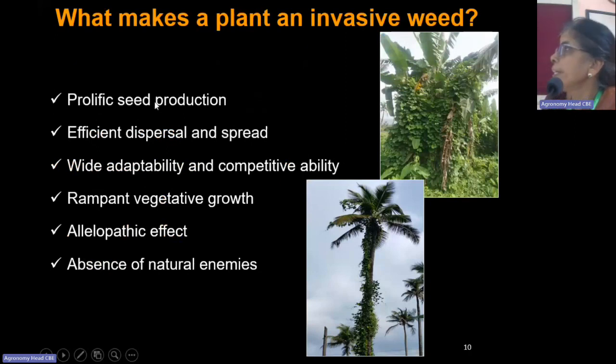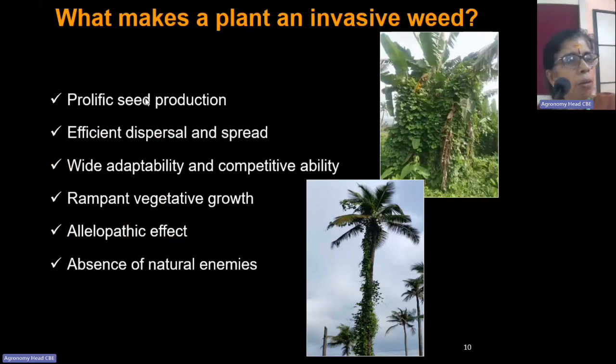You have already studied the characteristics a plant must have to attain weed status. One is its reproductive status, where it profusely produces seeds of variable dormancy or long dormancy period, with a very efficient dispersal mechanism, good adaptability, and good vegetative growth.